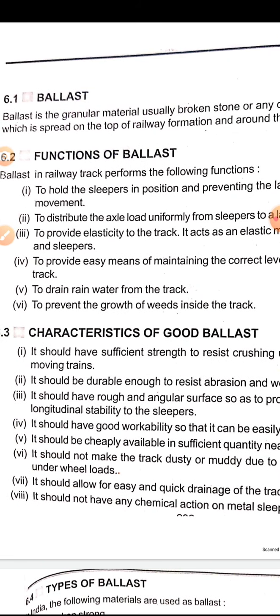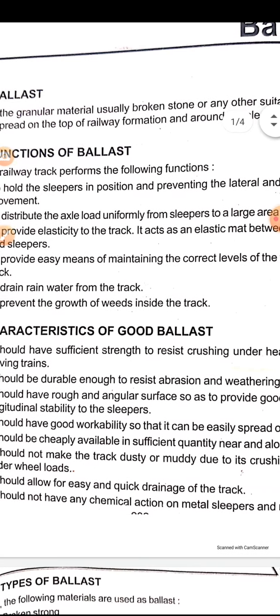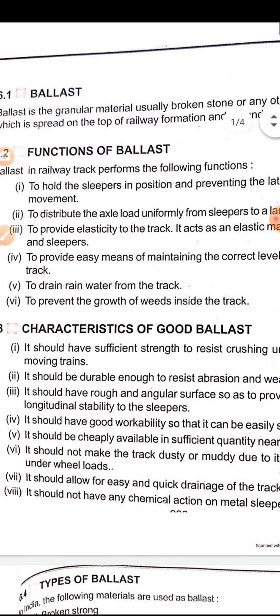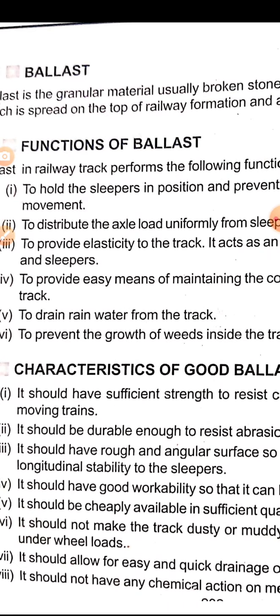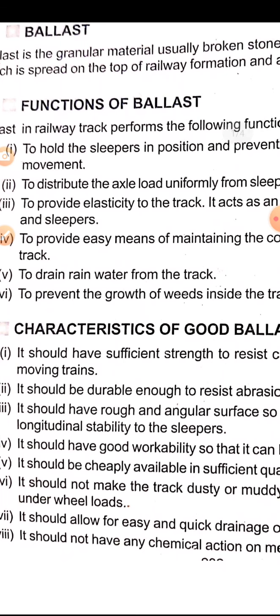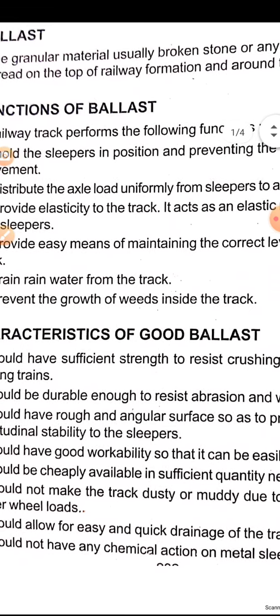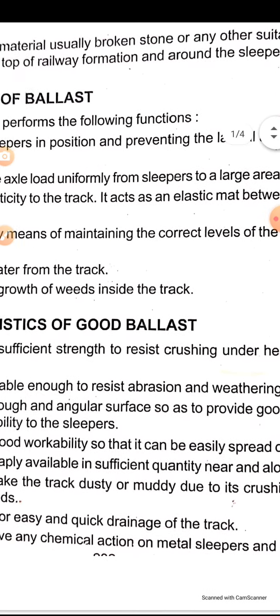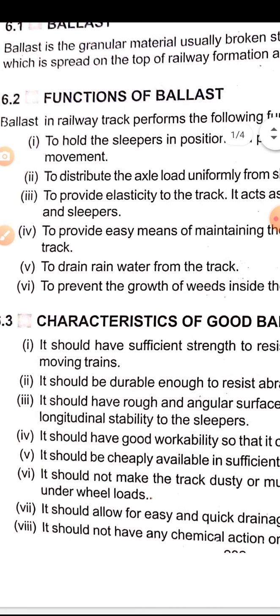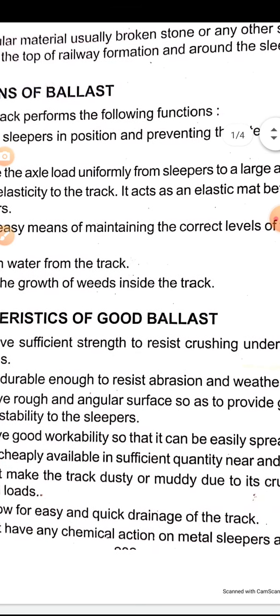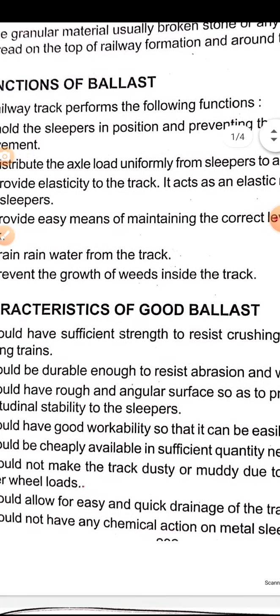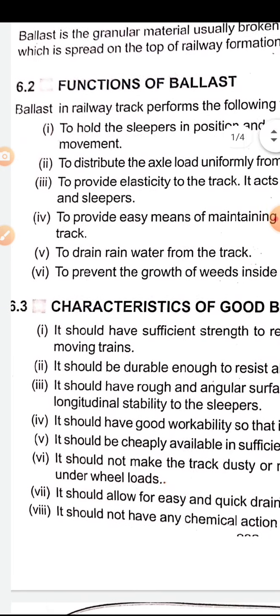One, to hold the sleeper in position and prevent lateral and longitudinal movement. Two, to distribute the axle load uniformly from the sleeper to a large area of formation. Three, to provide elasticity to the track. It acts as an elastic mat between subgrade and sleeper.